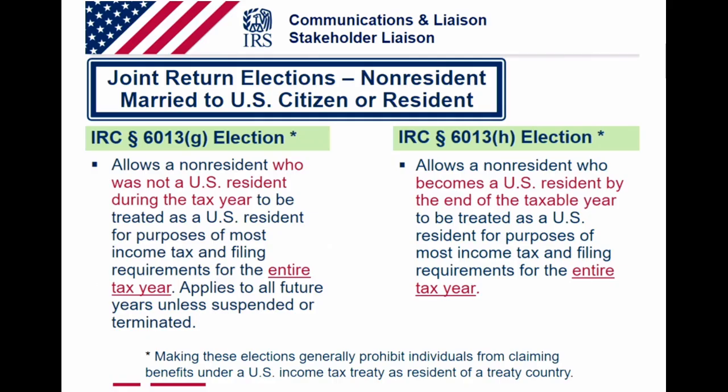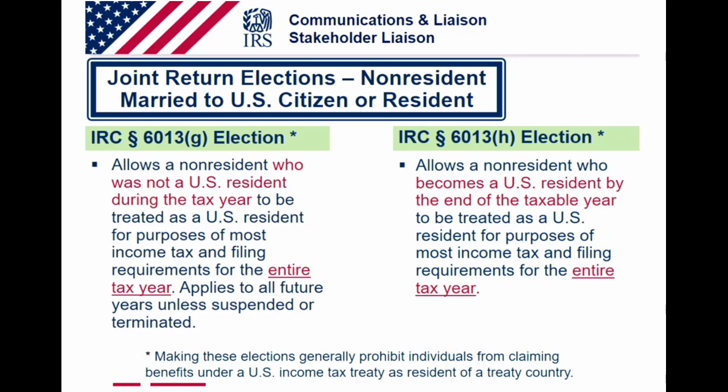This is different than the Section 6013G election, under which the non-resident spouse is only considered a U.S. resident for purposes of most income tax and filing requirements after the election is made.